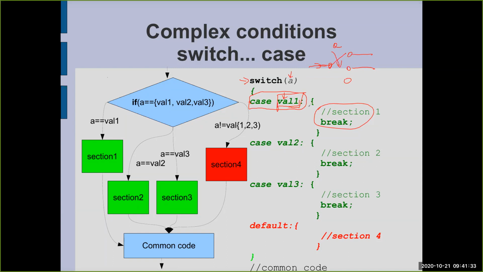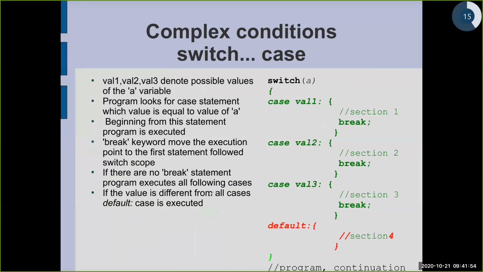If this value is equal to a, this piece of code is executed. But you will be using switch case during your laboratory classes. I think it should be enough for you now.